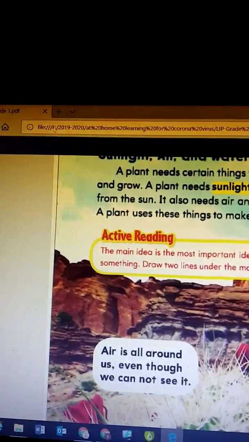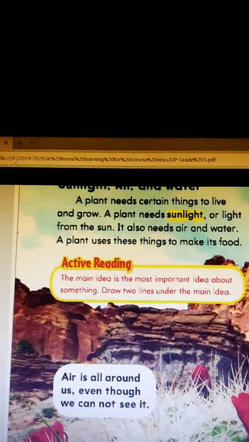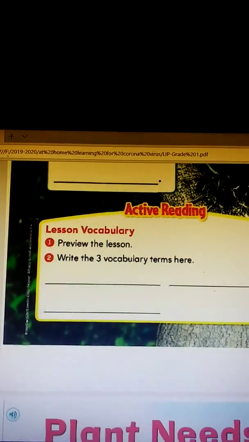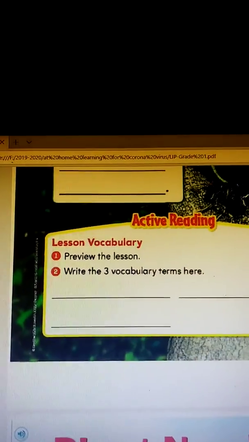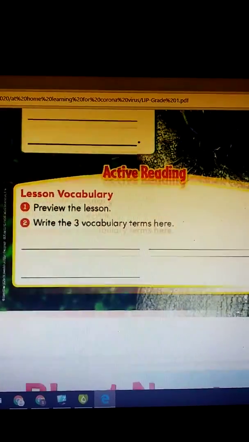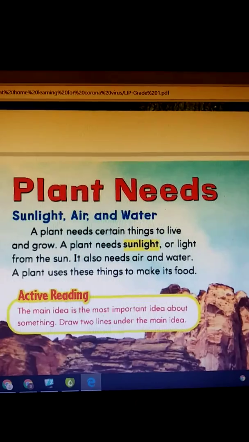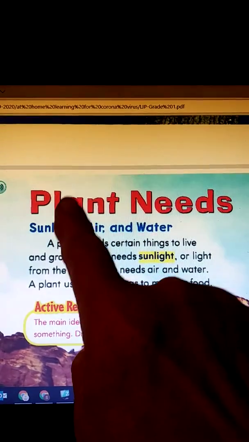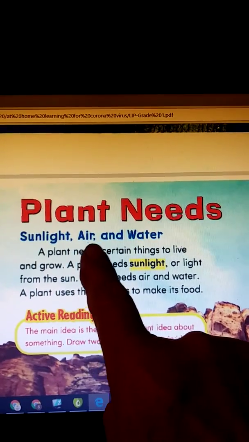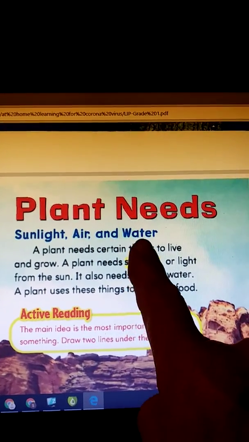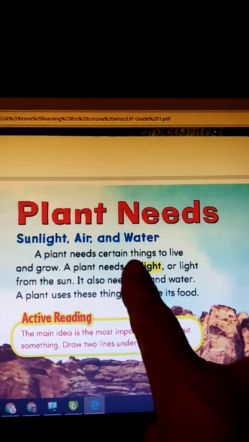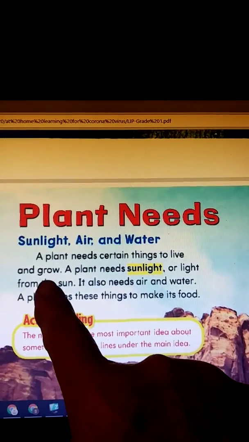Now let's go ahead and read our story. I'm going to read the title, Plant Needs, and then the heading, sunlight, air, and water. Go ahead and point to the words while we read. A plant needs certain things to live and grow.